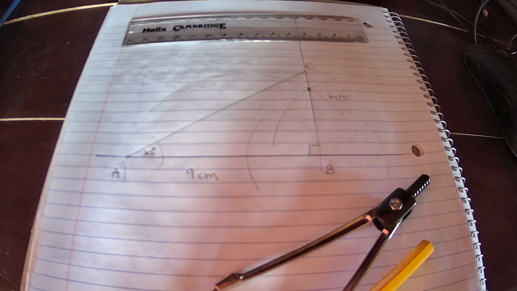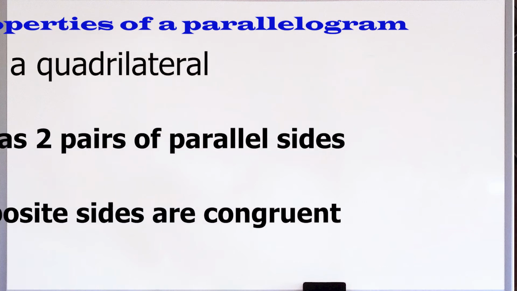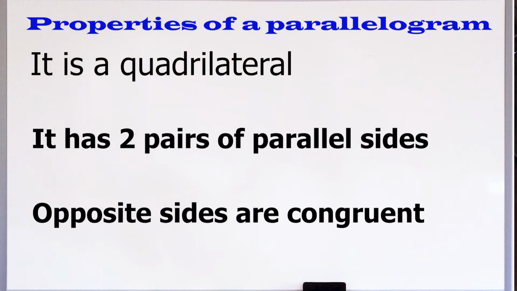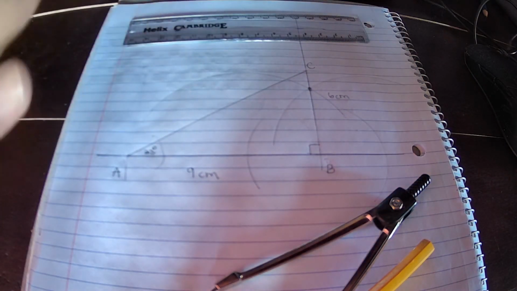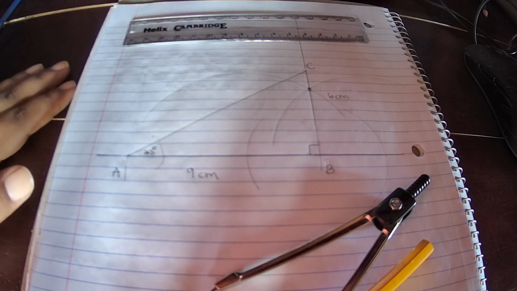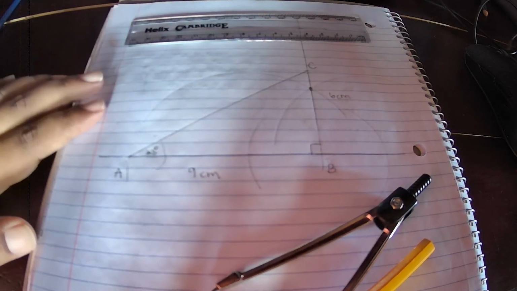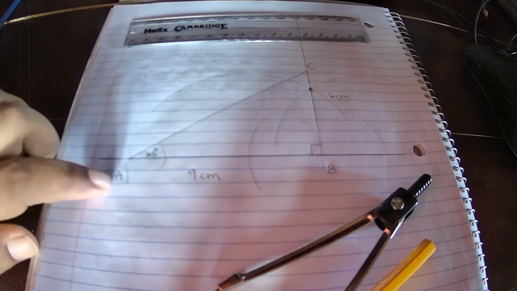When we talk about a parallelogram, we must recall that pairs of opposite sides in a parallelogram are parallel to each other, and this also means that they are of equal lengths. To do our construction, first of all, we're going to measure the length for the line that is going to be parallel to the line segment AB.